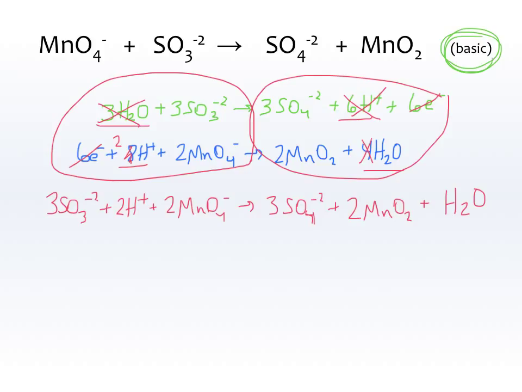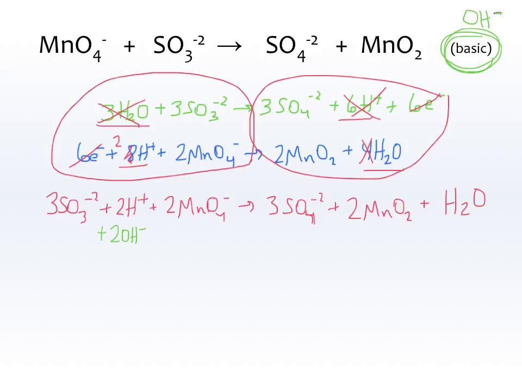And basic means an excess of hydroxide, not hydronium, not H plus, OH minus. I just wrote OH plus. How silly. OH minus. So the way to fix that is to add the same number of hydroxides as you have hydrogens in the final reaction. So 2H pluses, we're just going to add in 2 hydroxides.